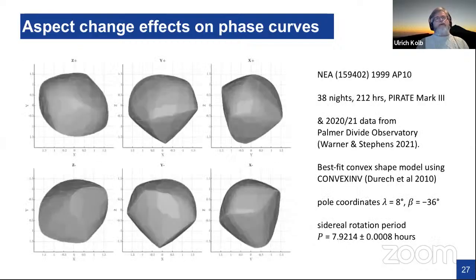So the asteroid was observed for 38 nights with Pirate Mark III, the smaller one, for a total of 200 or so hours. But this was supplemented by companion data by the Palmer Divide Observatories, published here in Warner and Stephens 21.